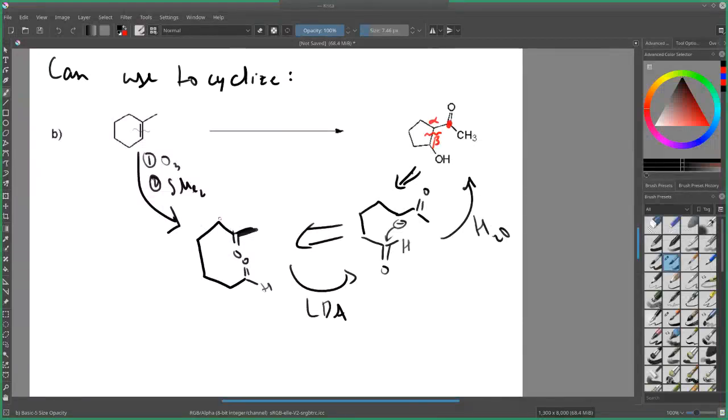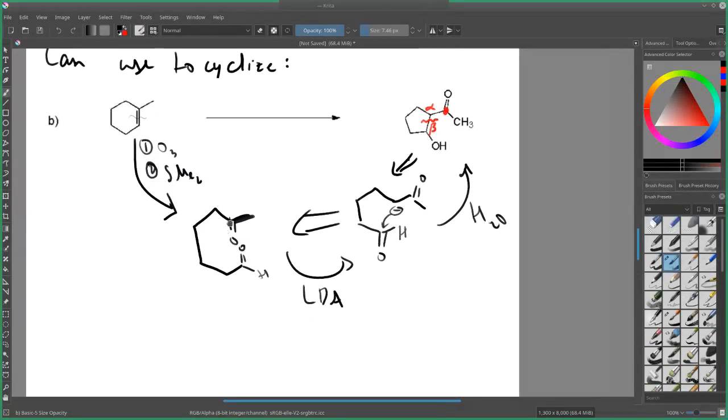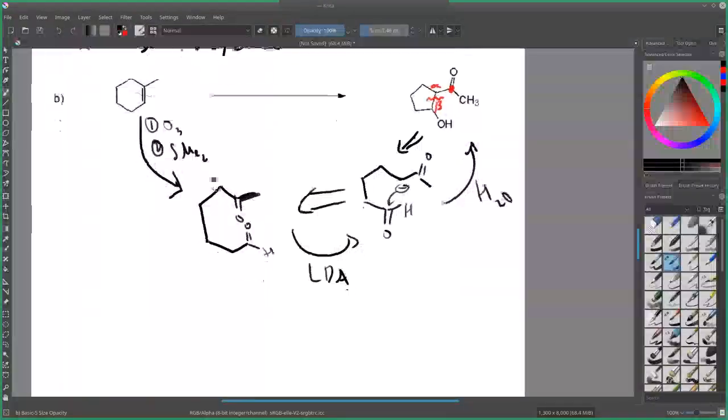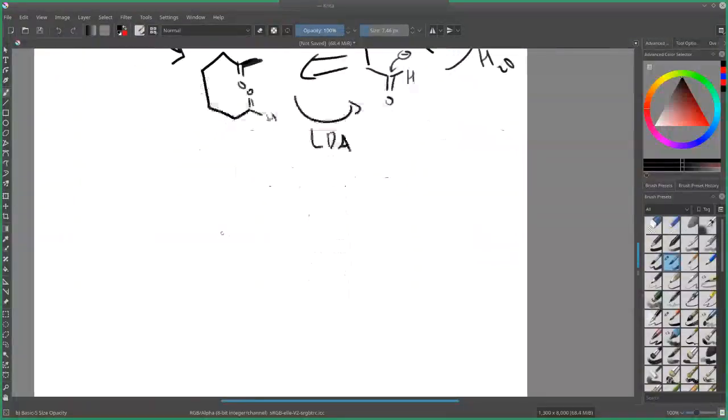For each of the reactions that we talk about, there's kind of a cyclization variant, but it's the same reaction. It's just using it to cyclize, which isn't any different in terms of the chemistry. It just winds up making a product that looks a little bit different. Okay, cool.